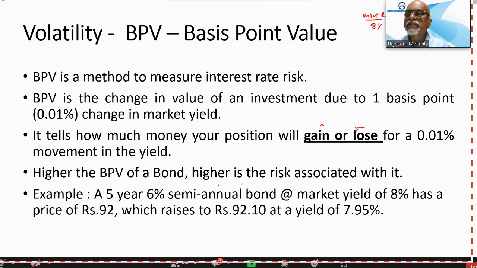When the market price goes up to 92.10, definitely market rates come down. So the market rate has come down to 7.95. So this is the question. Find the BPV of this one. Can someone calculate this BPV? What is the BPV of this?